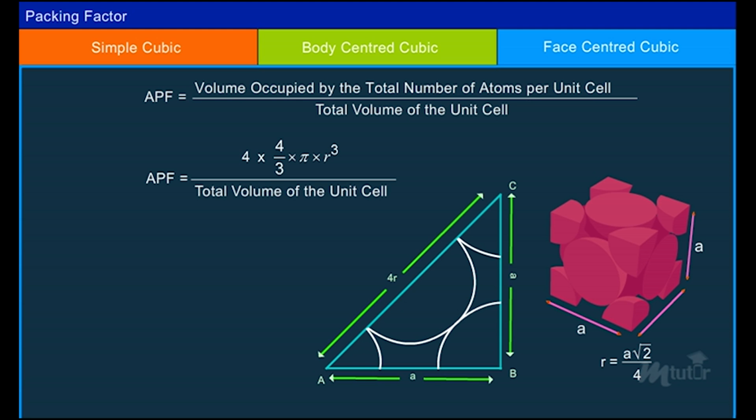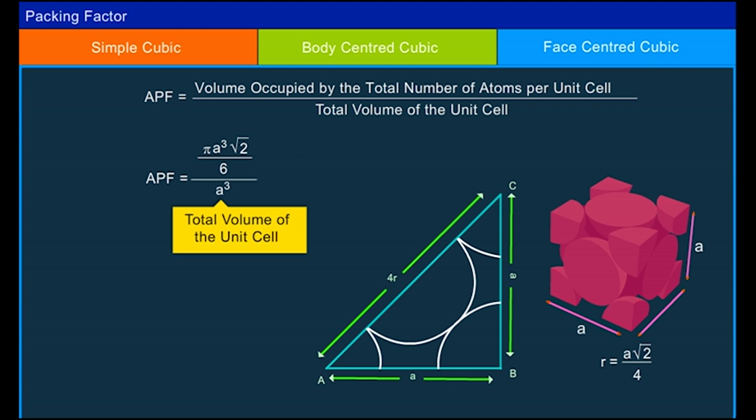Substituting in equation 1, that is, for volume, we have 16 pi by 3 into a cube into square root of 2 by 4 cubed. Further simplifying, we have the equation to be pi a cube square root of 2 by 6, and the volume of the unit cell is a cube.